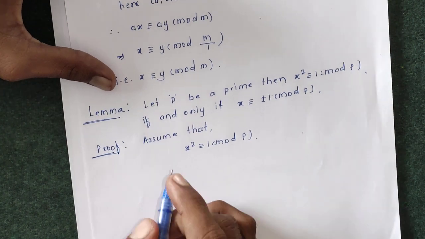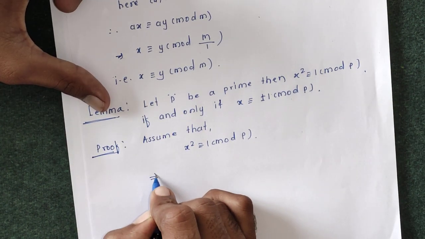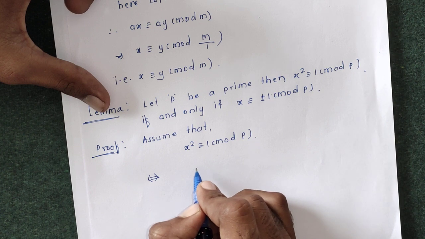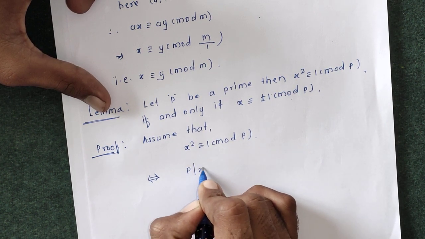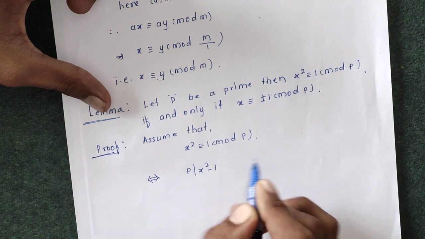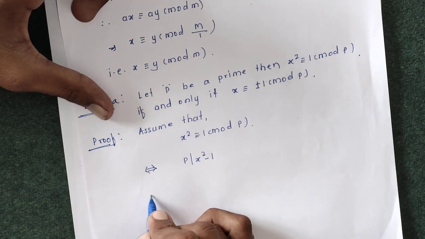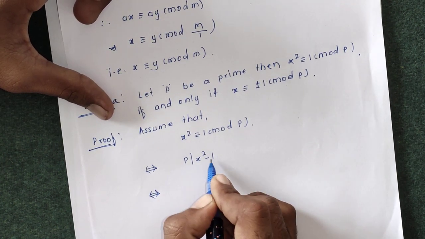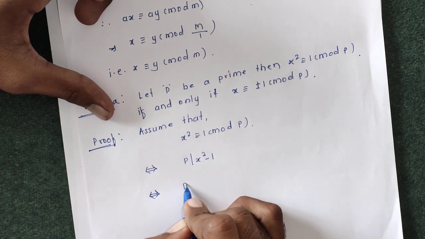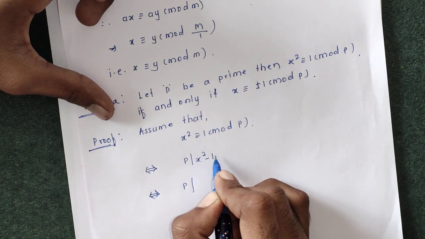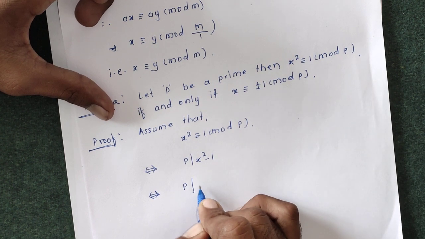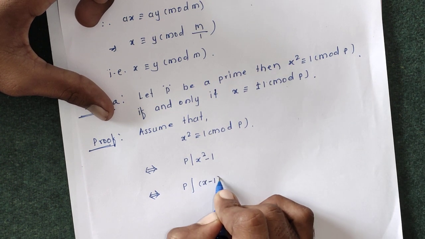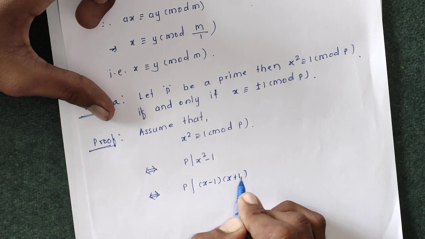x square is congruent to 1 mod p if and only if, using the definition of congruence, we write it as p divides x square minus 1. Now factoring x square minus 1, which is a square minus b square, that is x square minus 1 square, we can write it as p divides x minus 1 into x plus 1.